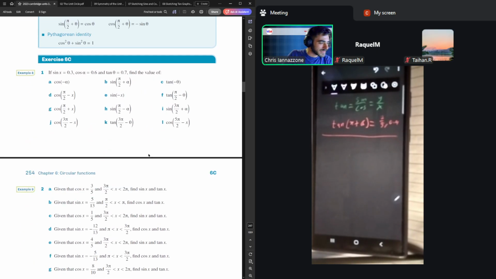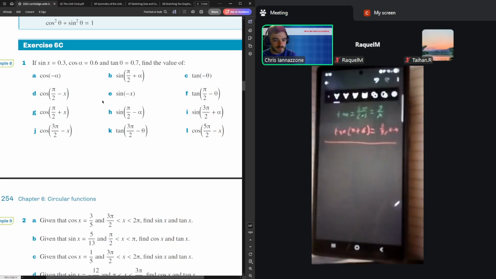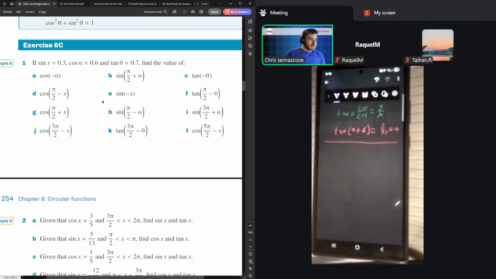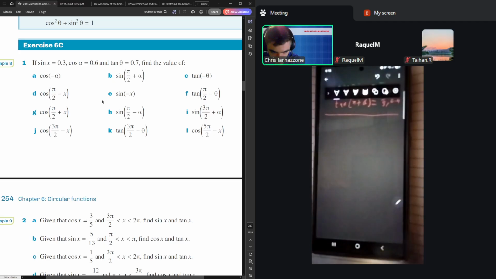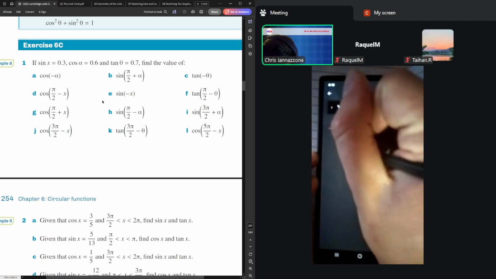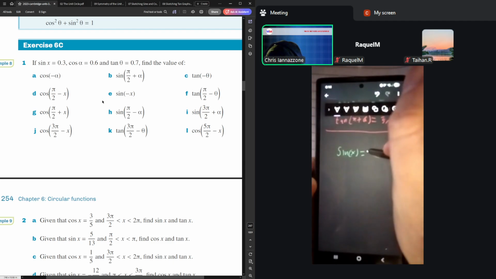Cool. Let's get some practice in. So once again, you have the PDF if you want to refer to the last few that we just did. We'll start with the sine x one, just to keep things easy enough. So sine x equals 0.3.